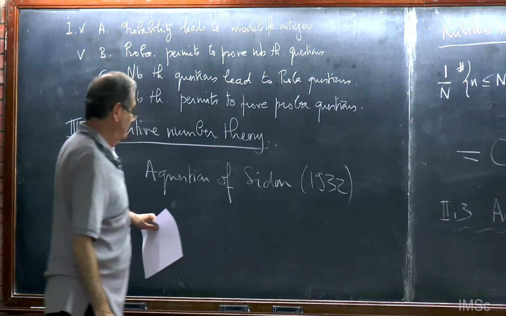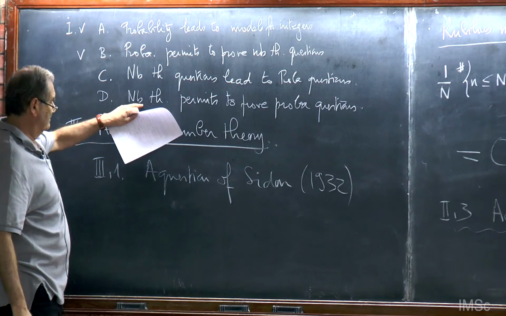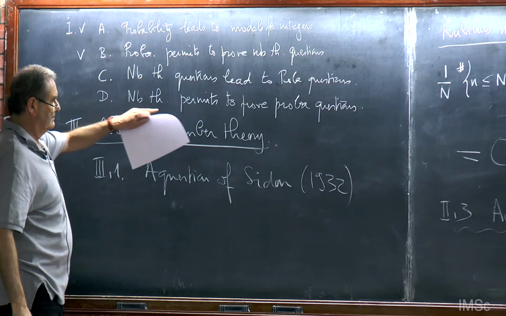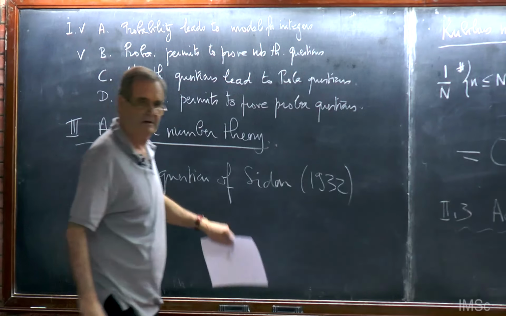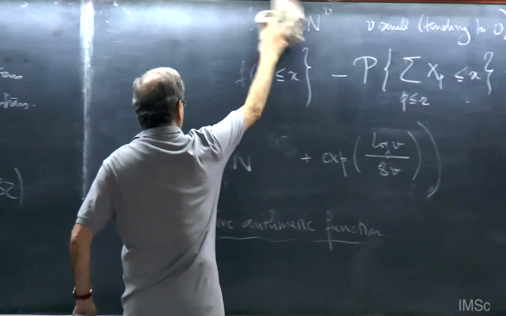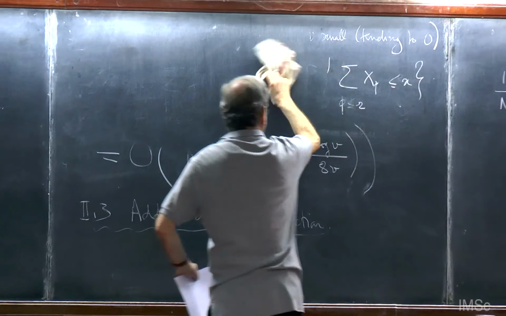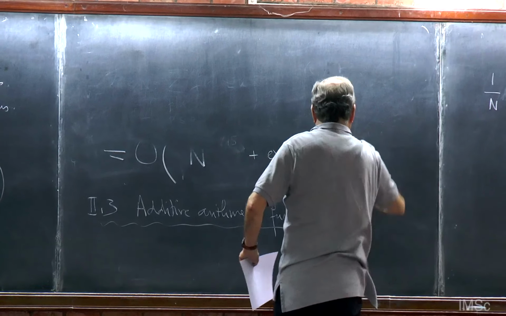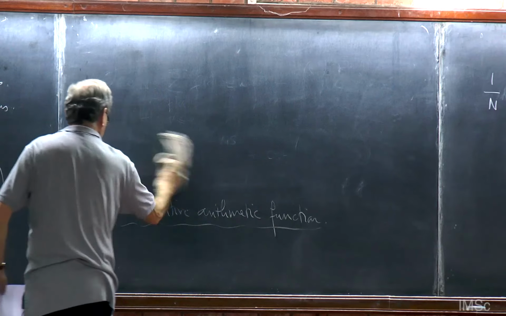I don't have time to go into that, but this shows that number theory permits to prove probability questions. And this is why he wanted to know something in harmonic analysis. So what is the question of Sidon? It is the following.